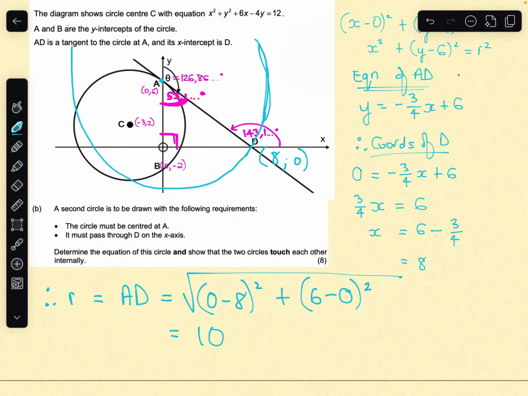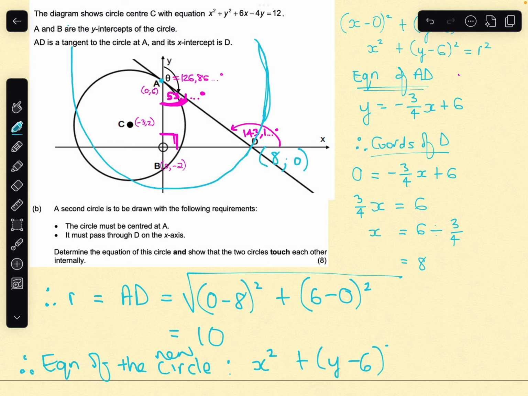And so therefore the equation of the new circle would be x squared plus y minus 6 squared is equal to 10 squared, and 10 squared we know is just 100.